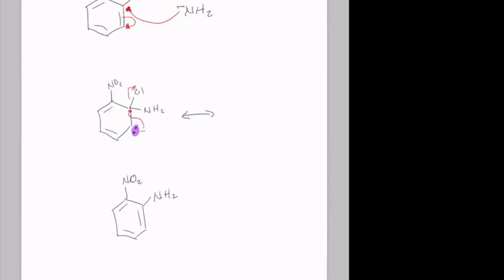When it's in the ortho or para position, one of those resonance structures will include having the pair of electrons at the base of the nitro group, and that wouldn't happen if the leaving group was in the meta position. So that's the evidence that this intermediate exists.